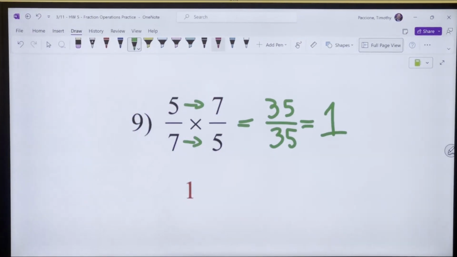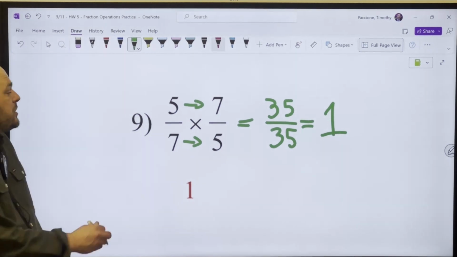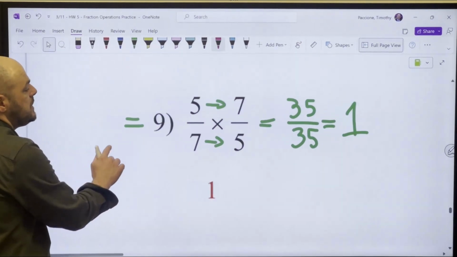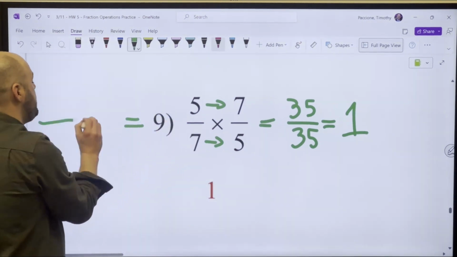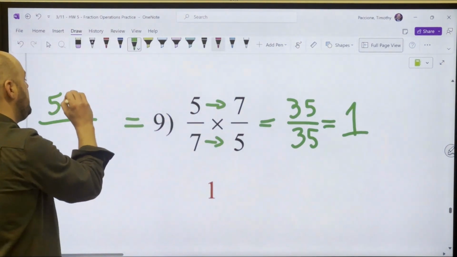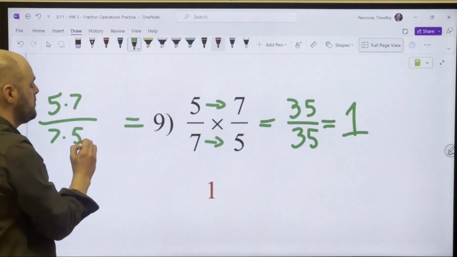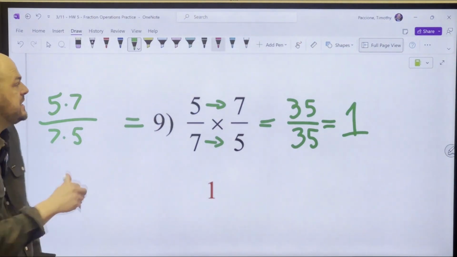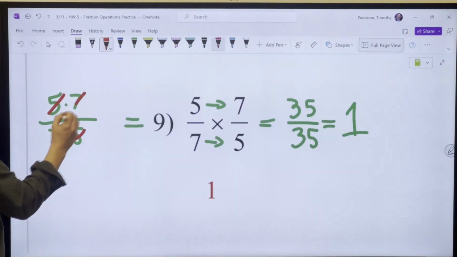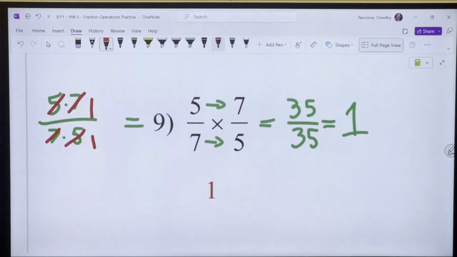Anybody do it a different way? Well, what you can also do is, since you're multiplying across, it becomes one big fraction that is 5 times 7 and 7 times 5. And anytime you have anything over itself, it's 1. Everything cancels. All right.